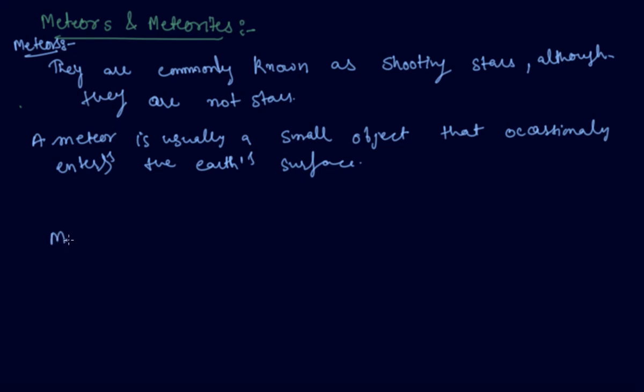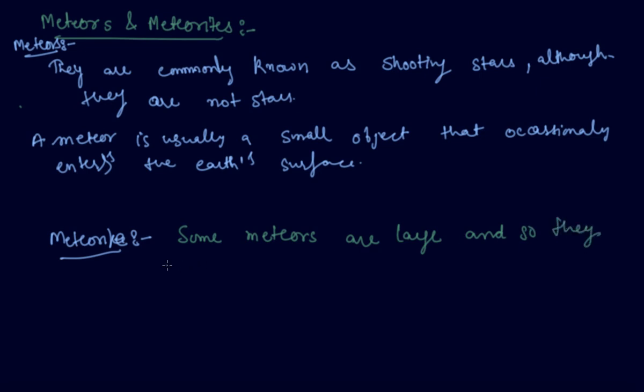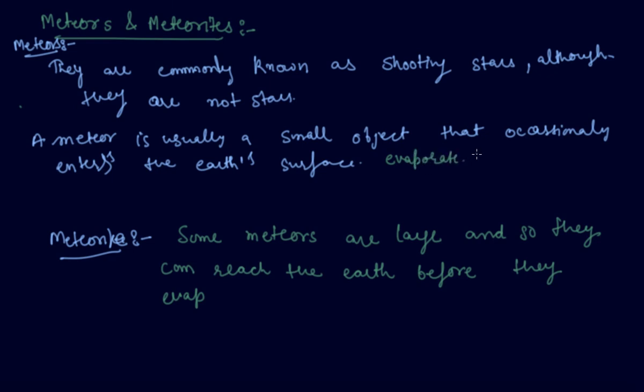Okay, and what is a meteorite? So meteors and meteorites are somewhat the same, but the difference is some meteors are very small in size, and so they evaporate before reaching the earth. But meteorites are large, and they reach the earth before they evaporate completely, evaporating only after entering the earth's surface.